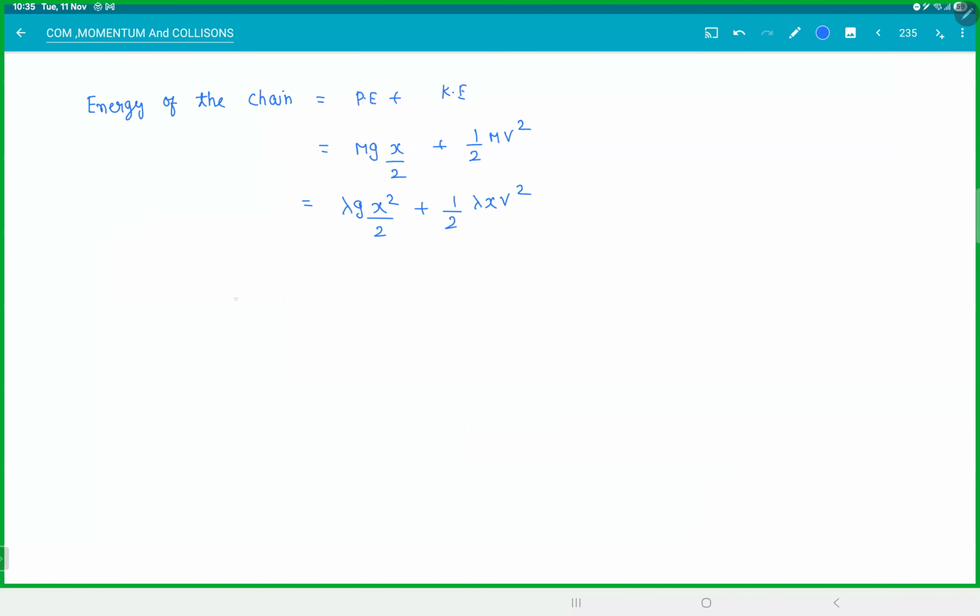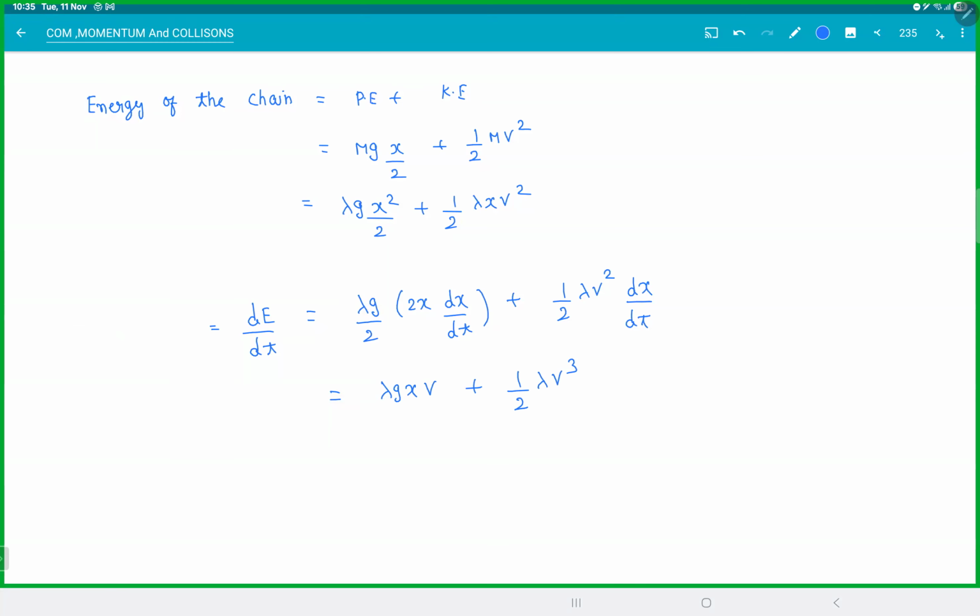So if you want power, if you differentiate this, d by dt, you get lambda g by 2 into 2x, and dx by dt, plus half lambda v square dx by dt. This comes out to be lambda gxv plus half lambda v cube. This is actually the power in the chain.